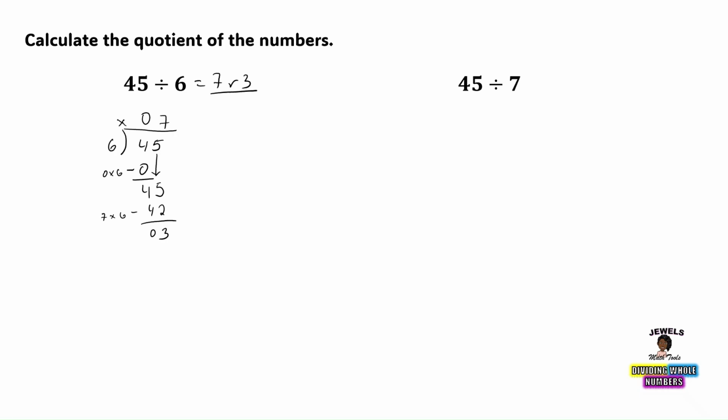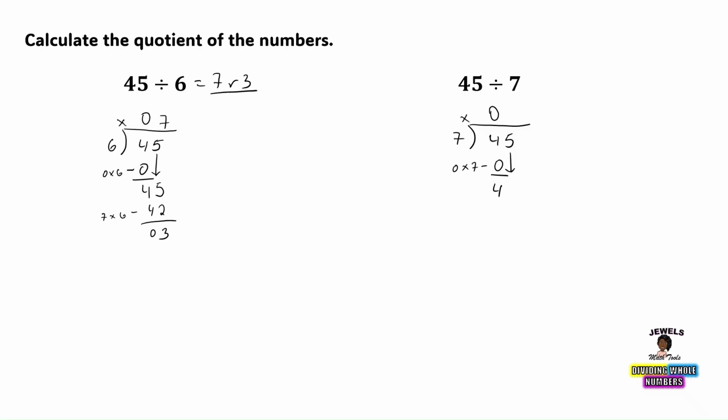Let's move on to our second example where we're dividing 7 into 45. 7 can't divide into 4 since it's smaller than 7, so that will be 0. We will have 0 being multiplied by 7, which will equal 0. When 4 subtracts 0, we get the difference of 4.